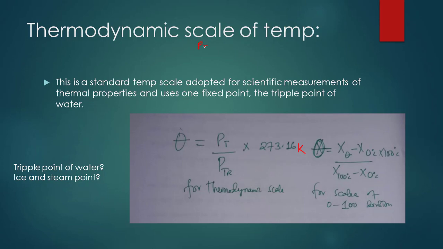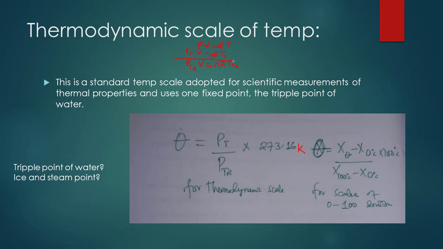So we know the ideal gas equation, PV is equal to nRT. For the first pressure, the pressure at the temperature we are measuring, P_T times volume is equal to nR times the temperature we are measuring, T_T. Then at the second conditions, the pressure at the triple point with the same volume, and of course the same number of moles because we are maintaining the volume, R, and the temperature at the triple point.